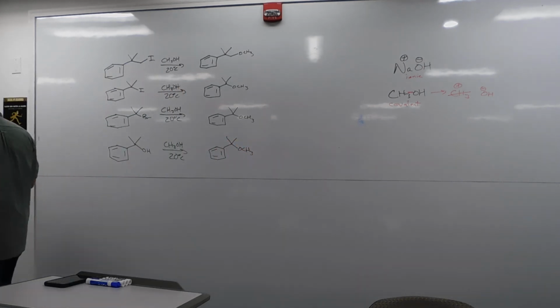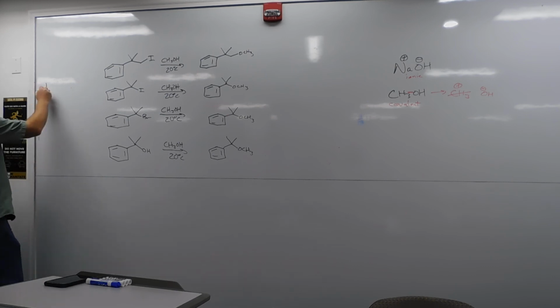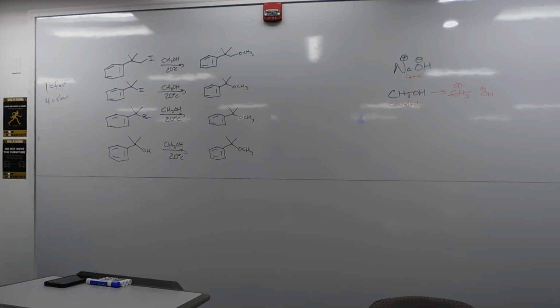Okay, so SN1: you don't have a strong base or a good nucleophile. Temperature's low. It's going to be SN1. So now rank these. Let's say one is the fastest, four is the slowest. And this is probably a harder one than I would do.